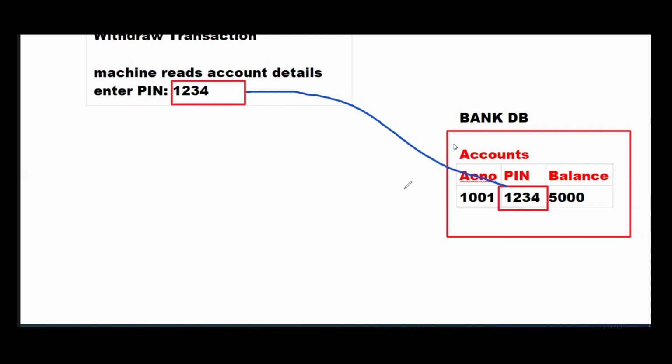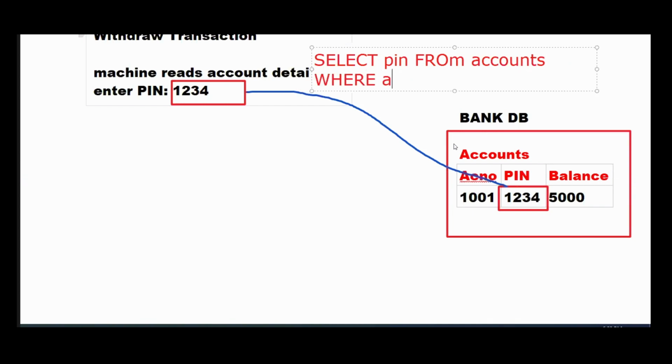Implicitly, which command will be executed here? Select command will be executed. It is selecting your PIN number from the accounts table. Select PIN number from accounts where account number equals 1001, like this.